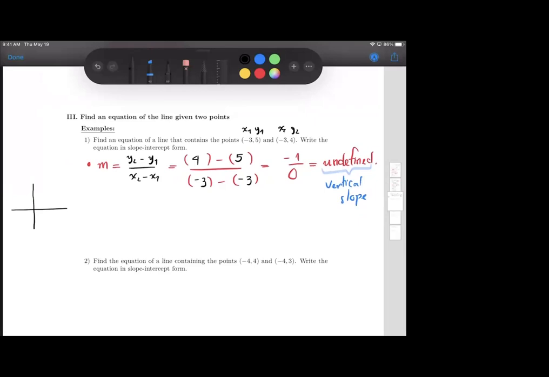Let me plot the points for you. So -3, 5 is right here, and -3, 4 is right here. And then I'm going to connect those two.